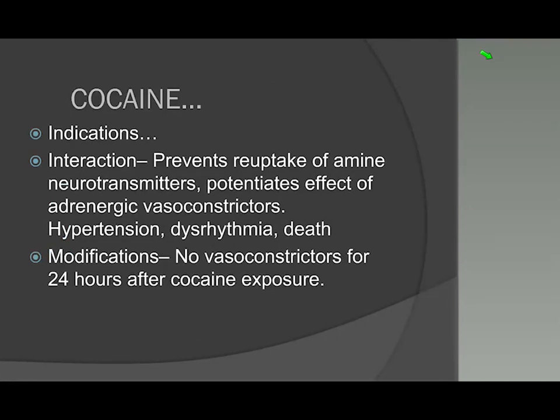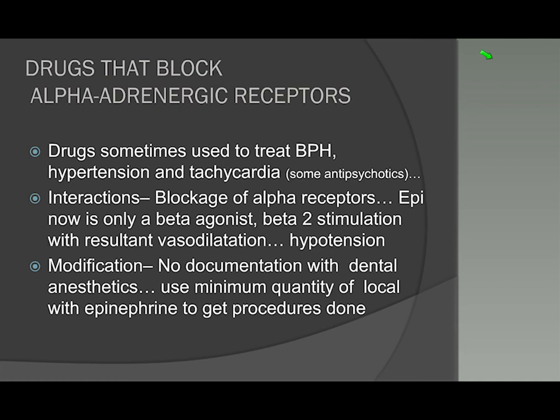Most of us know about the interaction with cocaine, pretty well documented. There have been some documented deaths in patients receiving vasoconstrictor containing local anesthetic within close proximity to cocaine exposure. So I think most people know about that. Alpha adrenergic receptor blockers, occasionally you'll see these in patients that have BPH or benign prostate hyperplasia.